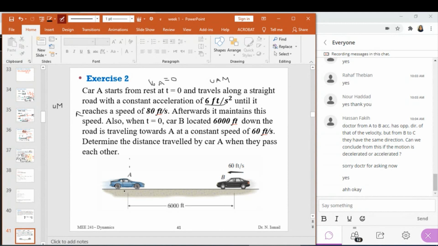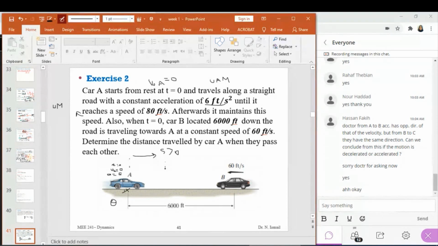And this means, guys, that at t equals 0, if I take my origin at the first position of A, let's say this is my origin, and let's say this is S positive. This is my axis. I should indicate my axis here. At t equals 0, V0 is equal to 0, and A is equal to 6.